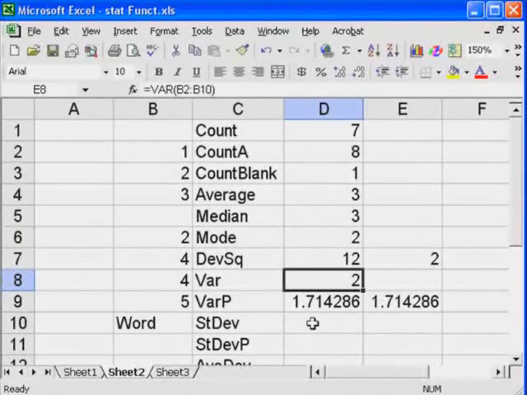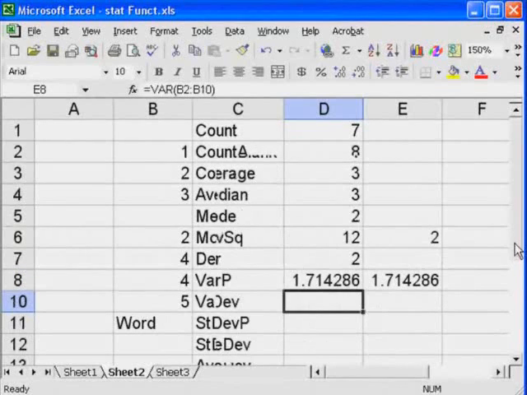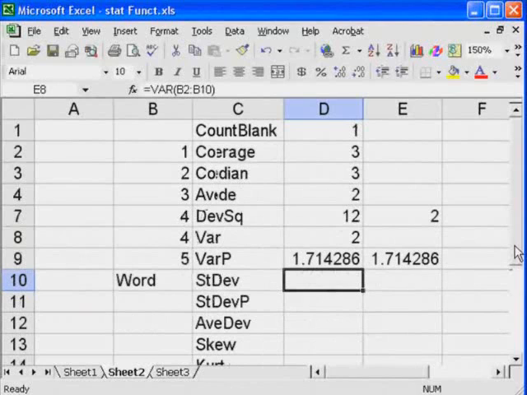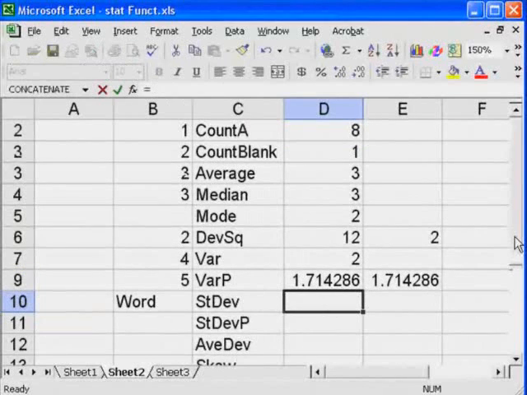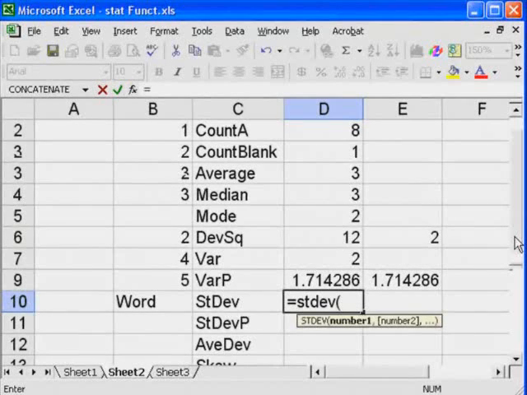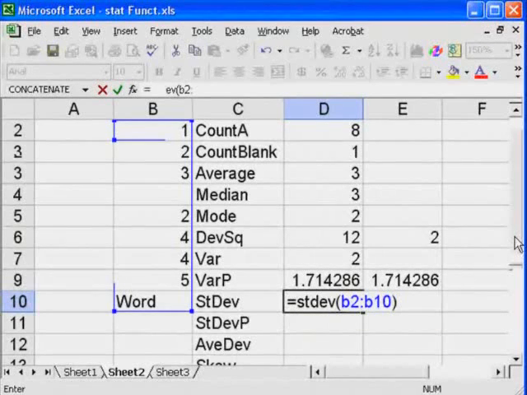Standard deviation is the square root of your variance, and you should know that by the time you finish this course, definitely. But all we need to do it in Excel is STDEV, left parenthesis, B2 colon B10, and this should be the standard deviation based on a sample.